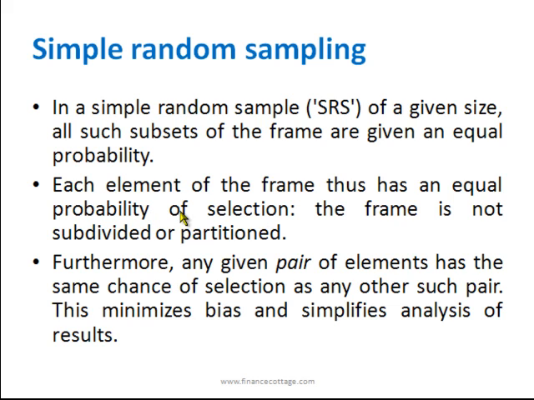Furthermore, any given pair of elements has the same chance of selection as any other such pair, and this minimizes bias and simplifies analysis of results. So in simple random sampling, we give equal probability to each and every element of the frame to be selected into the sample. So this is simple random sampling.